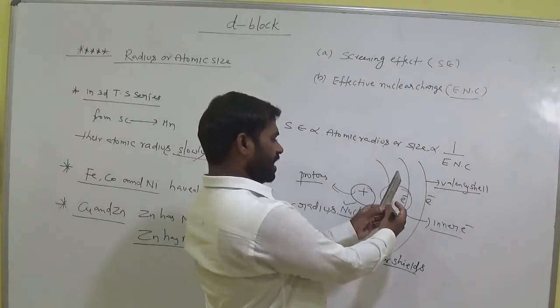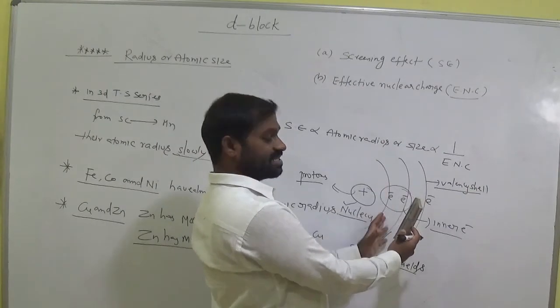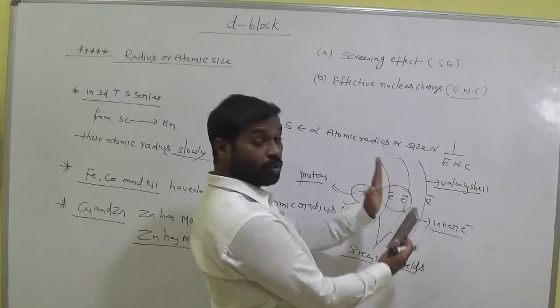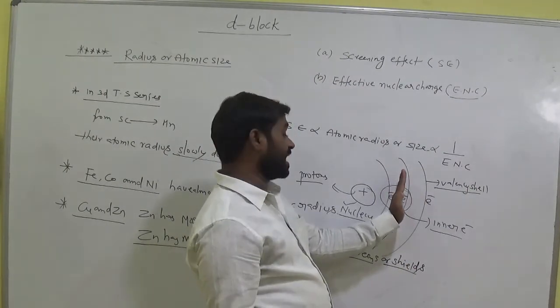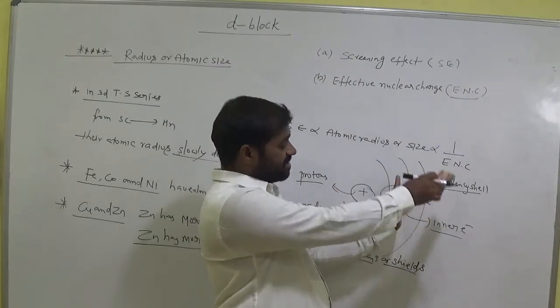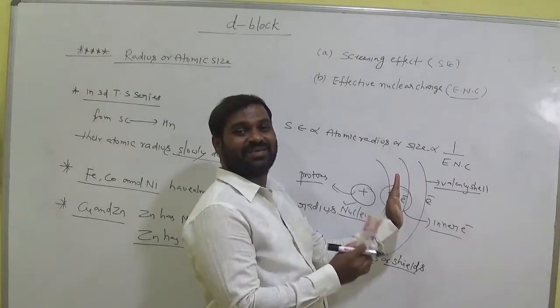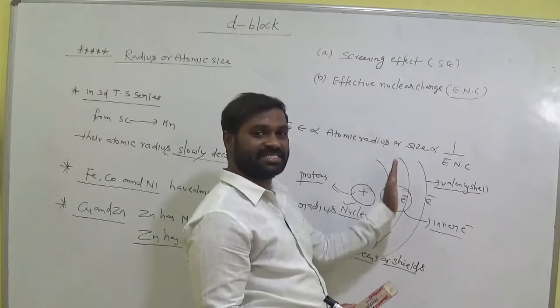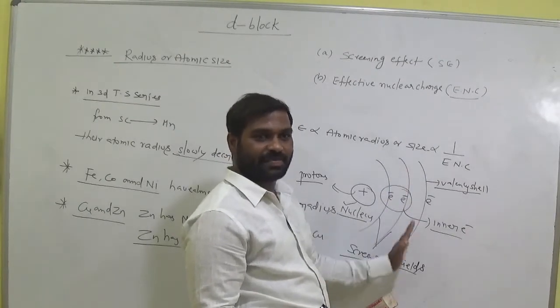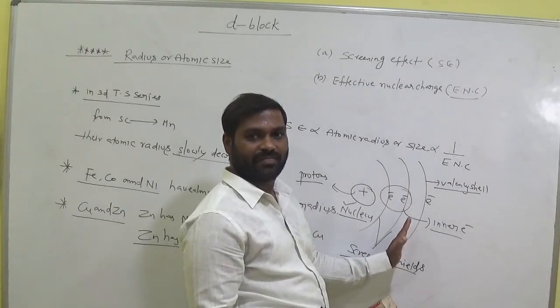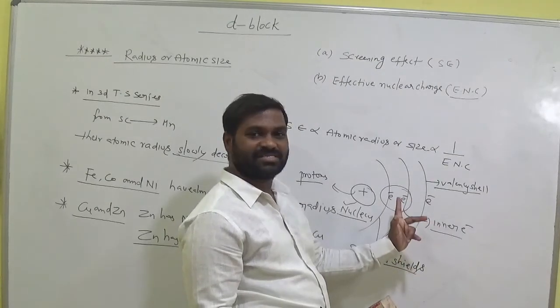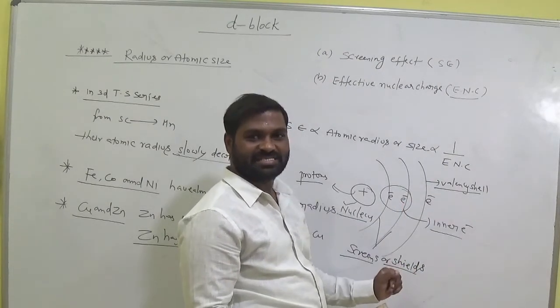If more inner orbit electrons are present, they act as a good screen. They prevent the attraction between the nucleus and the outer electrons. So attractions are very weak when there is a good screening effect, meaning more inner orbits are present. Attraction less means effective nuclear charge is less.